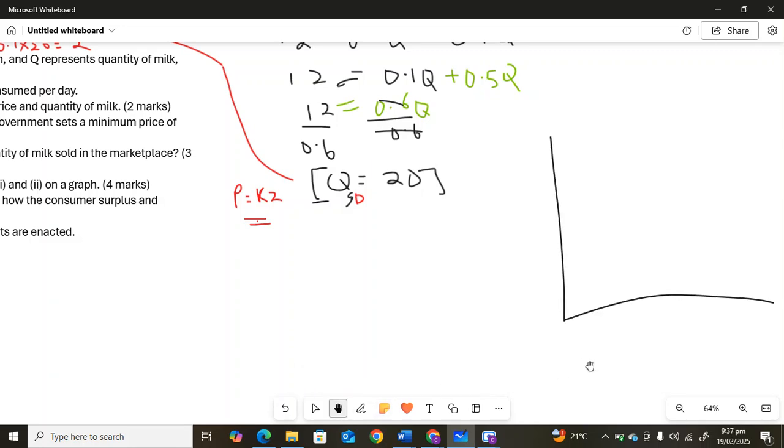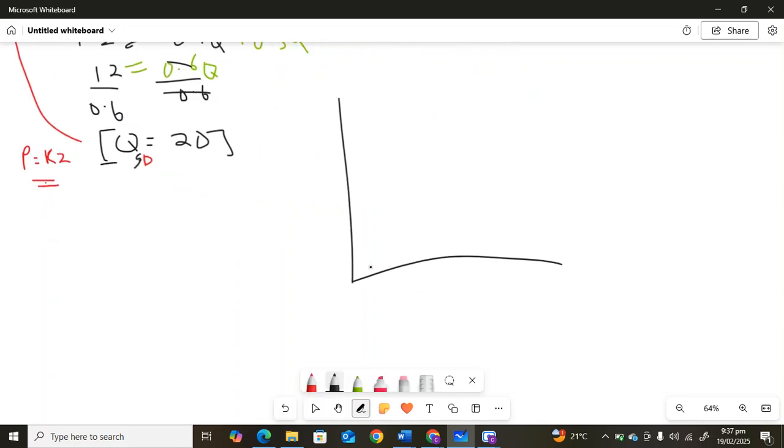Let me just draw the graph here because there's something about consumer surplus there.